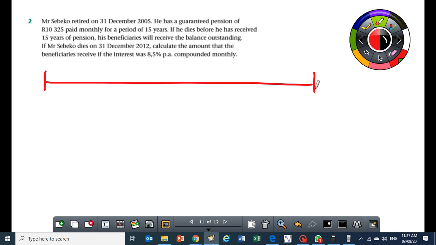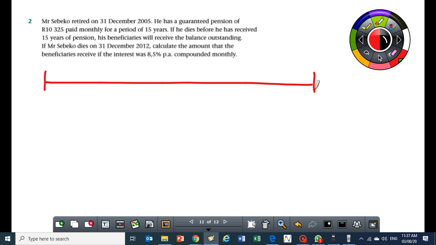Okay, so the person retired on 31 December 2005. He has a guaranteed pension paid monthly for 15 years after retirement. But if he dies before he has received the 15 years of pension, it means that the amount left, which is our balance outstanding, has to be given to his beneficiaries.